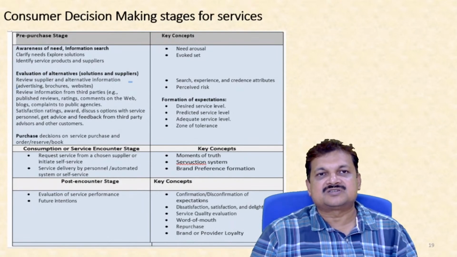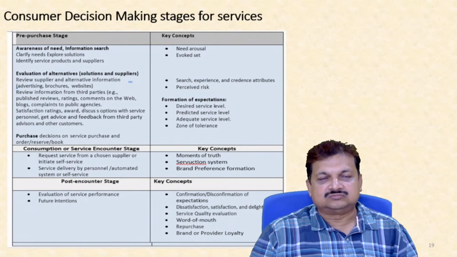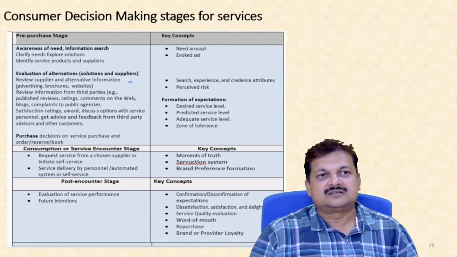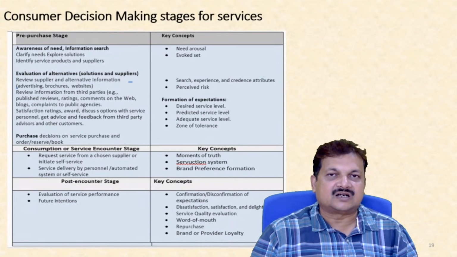When the expectation level is equal to the delivery of services, that is satisfaction. And when your expectations are below the service delivery, we call it delight. The customer is over happy and over satisfied.